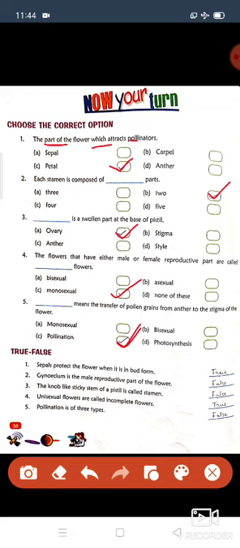This sentence is true, because sepals protect the bud of a flower. Gynoecium is the male reproductive part of the flower. Is this sentence true, children? Gynoecium is the female reproductive part, but here it says male reproductive part. So this question is false.